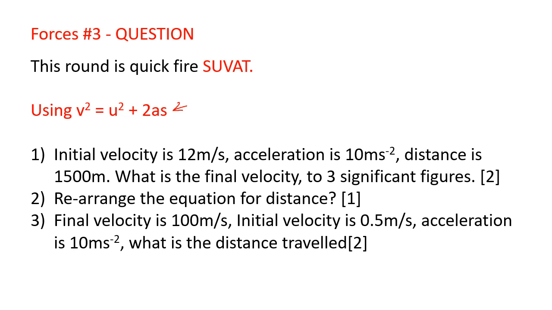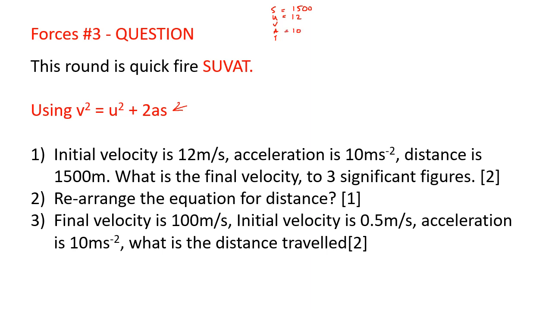Okay, so if you're back with me, first thing I'm going to do is S, U, V, A, and T. My distance is 1,500 meters, so that's in the correct format. My initial velocity is 12. My acceleration is 10.